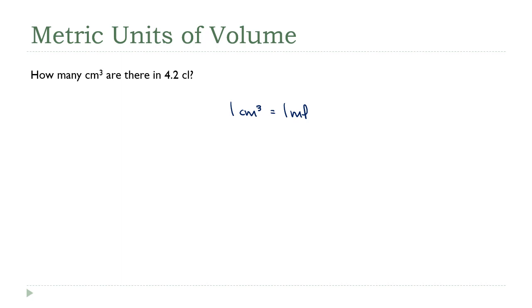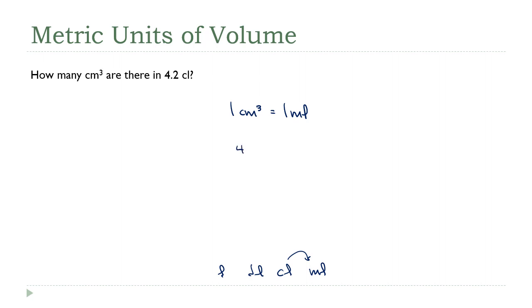So let's do that. I've got, let's see, liters, centiliters. Nope, sorry, I skipped one. Liters, deciliters, centiliters, and milliliters. So to go from centiliters to milliliters, I have to go one step to the right, right?